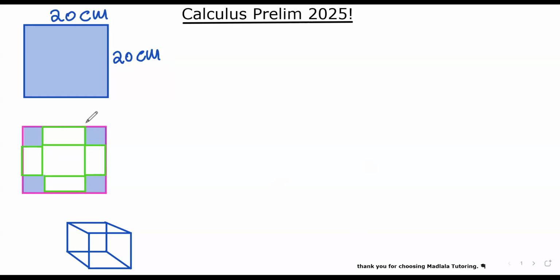Well, we don't know what is the length of the square that we are removing here. We don't know what's the length of each square. Well, since we don't know what's the length, we let it be x. Now, what's the significance of the x that you are seeing here?